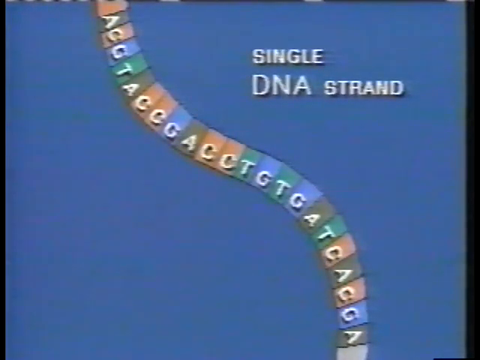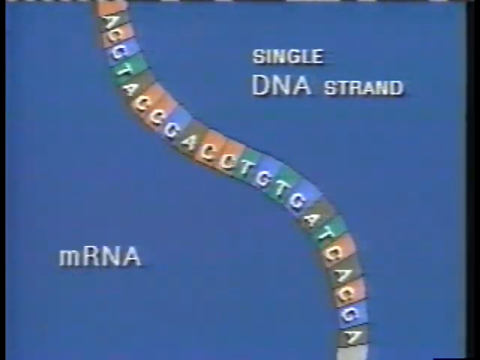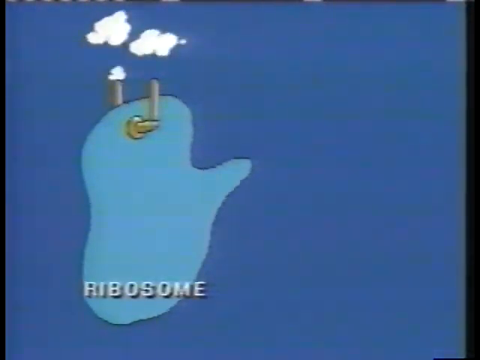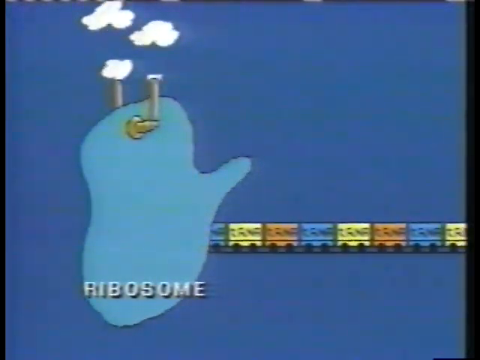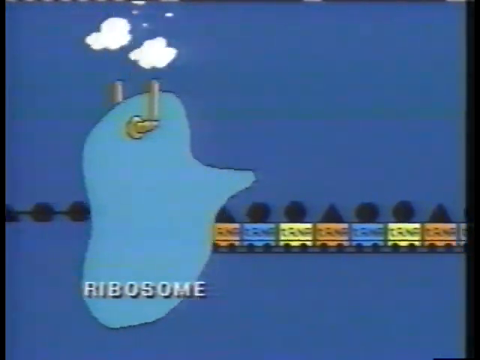In a complex process called protein synthesis, the code sequence is transferred to a messenger molecule. The code is then transported to a miniature protein factory, the ribosome, where a specific amino acid is fetched in the order prescribed by the code.